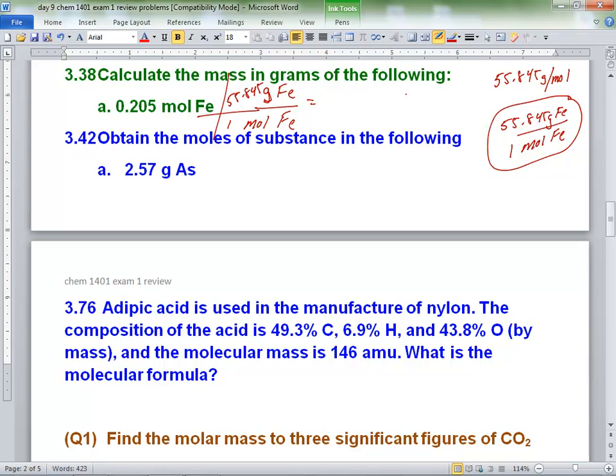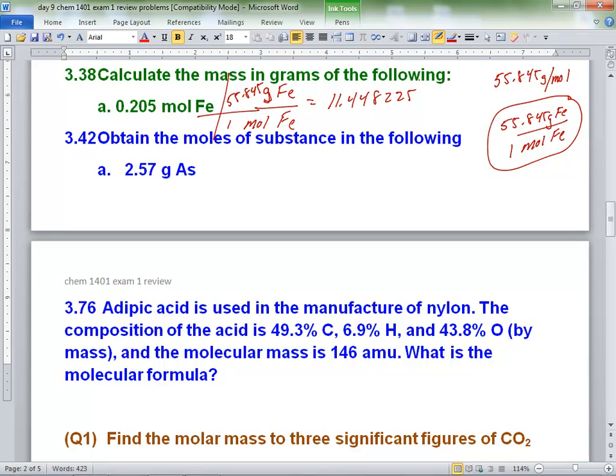Report our answer to the right number of sig figs. I got 11.448. Way too many digits.